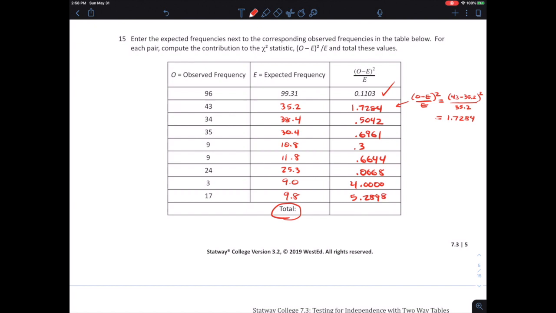Okay, so these are the contributions to the chi-square statistic for every outcome of our categorical variables, and then you have to add these up to get a total.